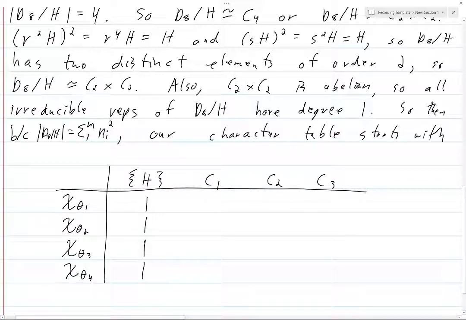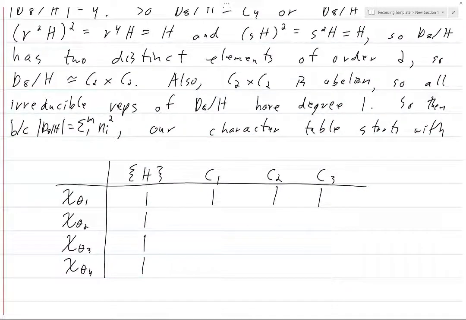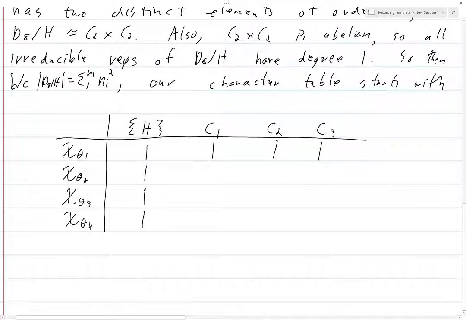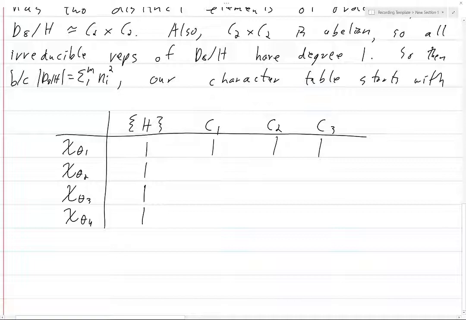Well, not topologically connected, but all the things are related to each other. Okay, and for chi theta 1, we're always going to assume that the first row is our trivial character, and so this is going to be 1s all across.